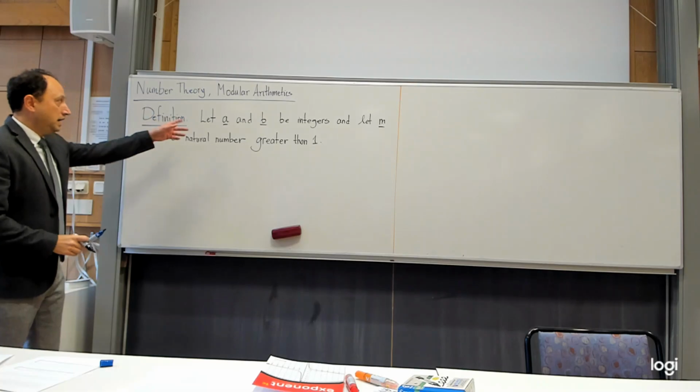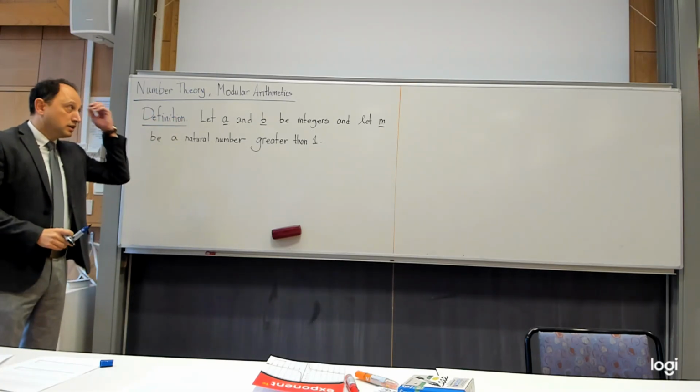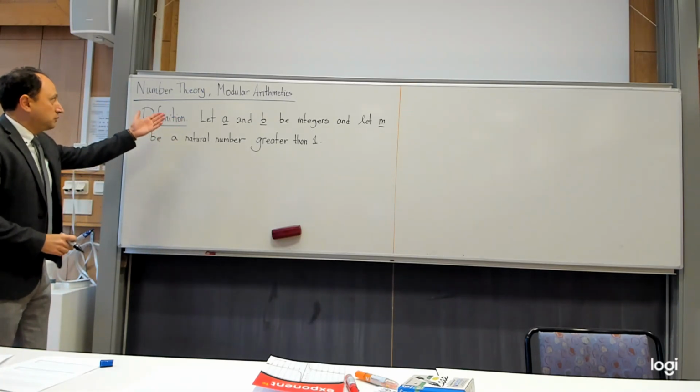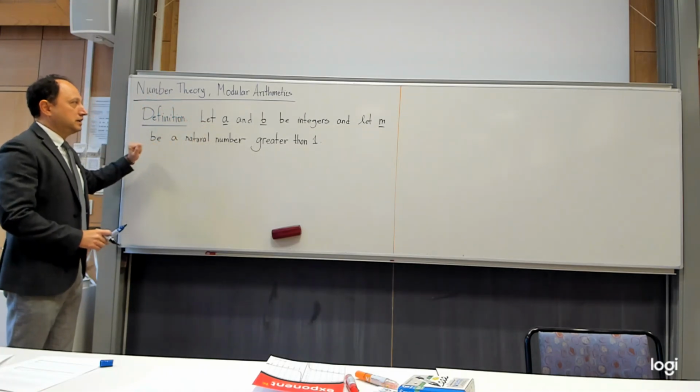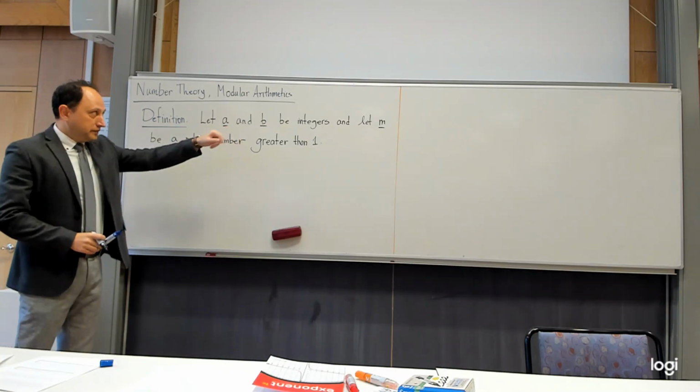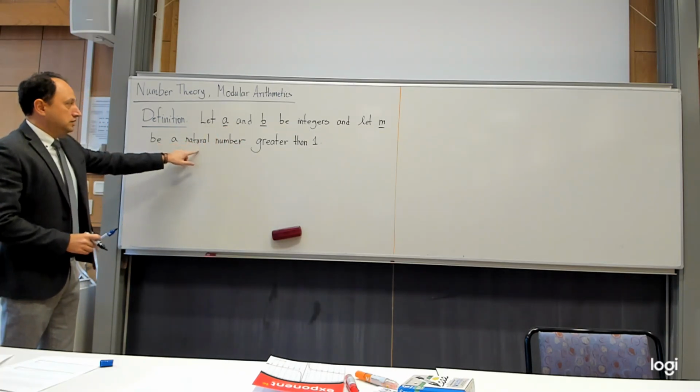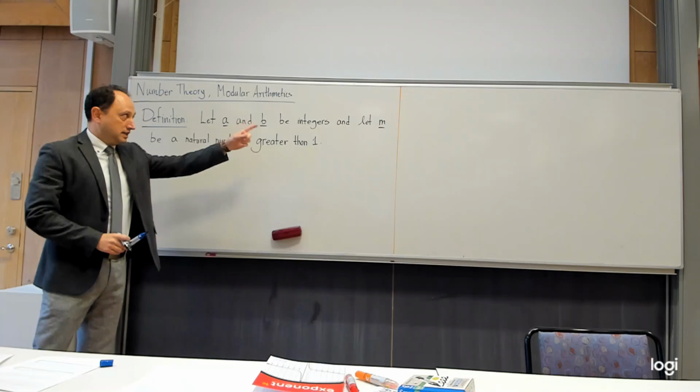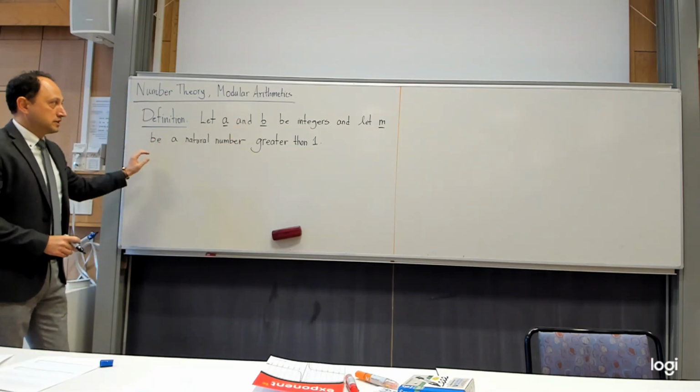So A and B can be any integers, since in number theory we are mainly talking about integers. But for M, I want a natural number not equal to 1. M starts from 2, 3, 4, etc.